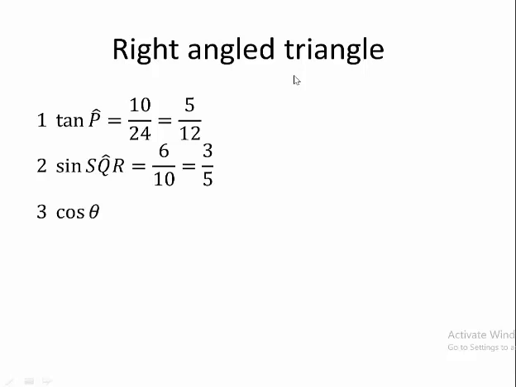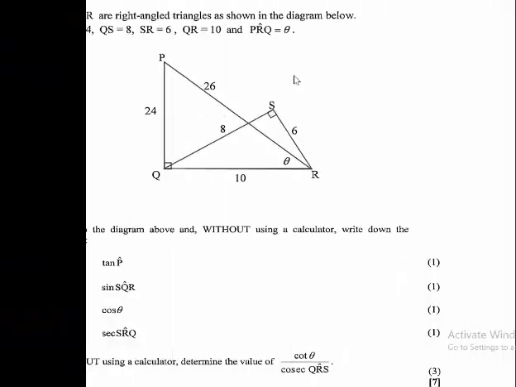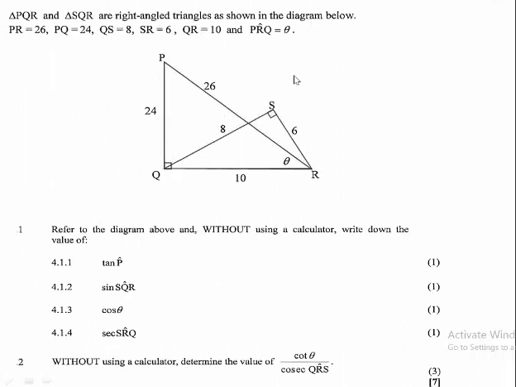So cos theta is equal to 10 over, clearly it's going to be 26. So 10 over 26 is the same as 5 over 13. Again, if you do not have clarity on these points, please hit us up on our channel. Send in a comment, ask a question, we're here for you.